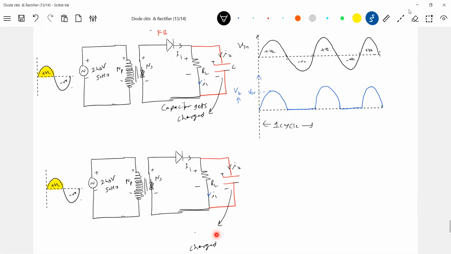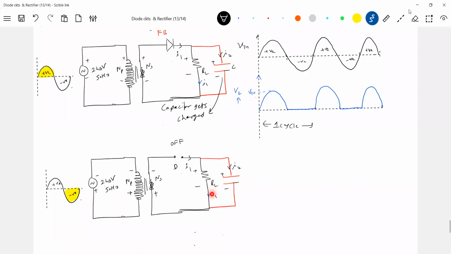So the capacitor here gets discharged. During the negative half cycle, now what should happen to the polarities? The polarities will be negative, positive, negative, positive, negative. This is positive. The diode is reverse biased; in place of the diode, it is off, or reverse biased.